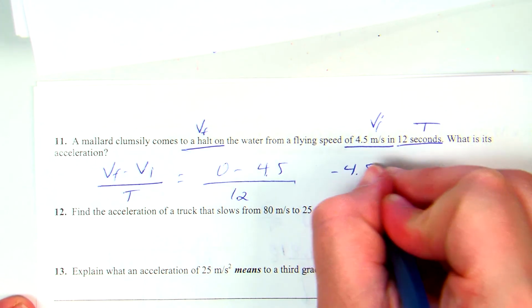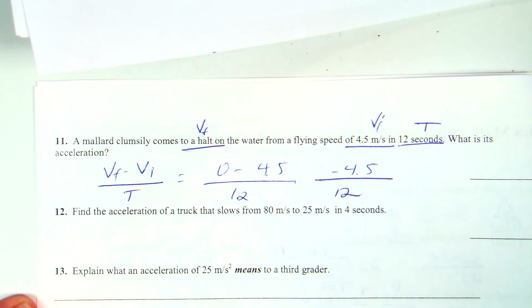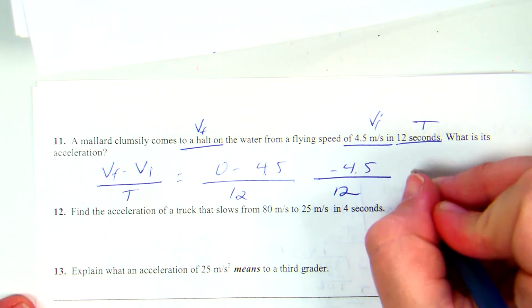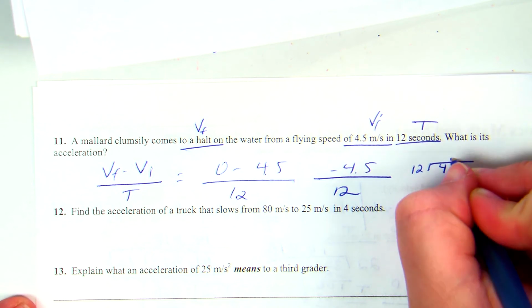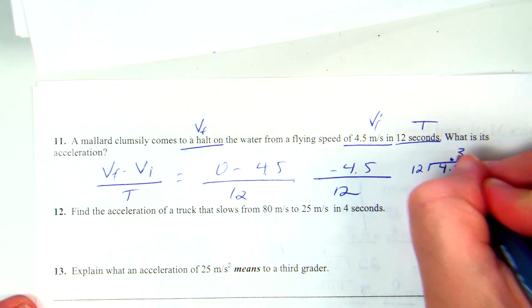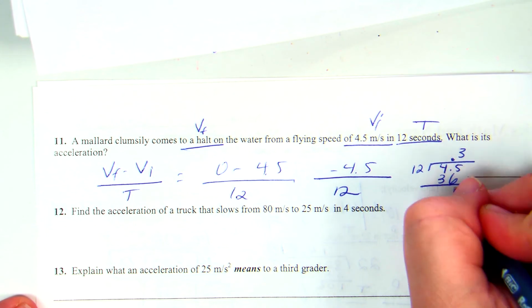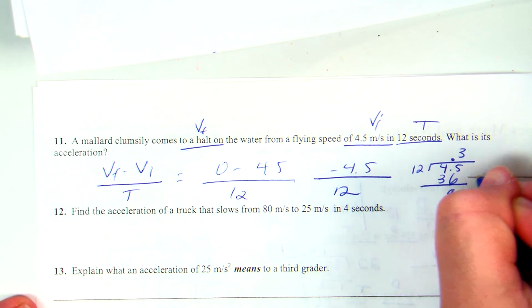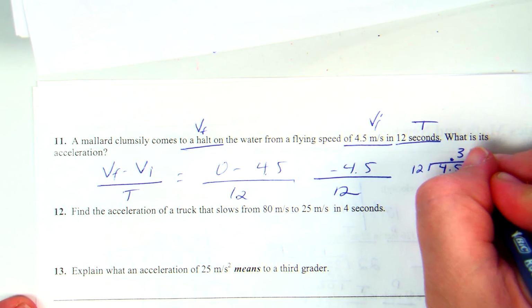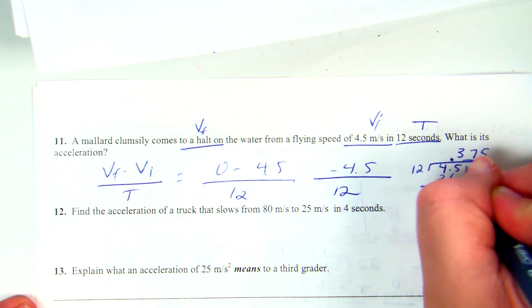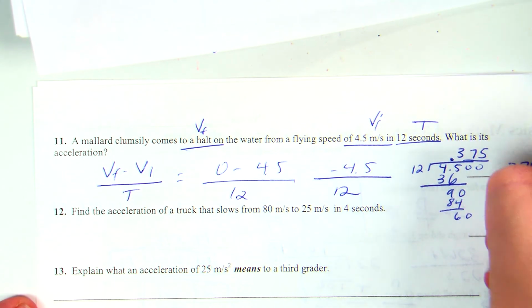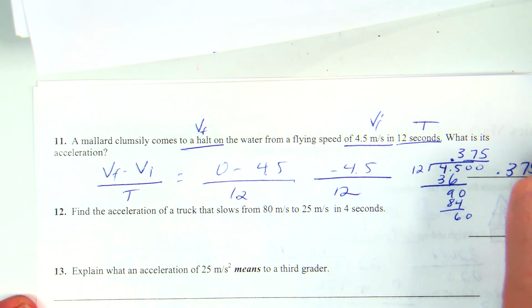So negative 4.5 divided by 12. That should go in 3 times, giving you 0.375 meters per second squared.